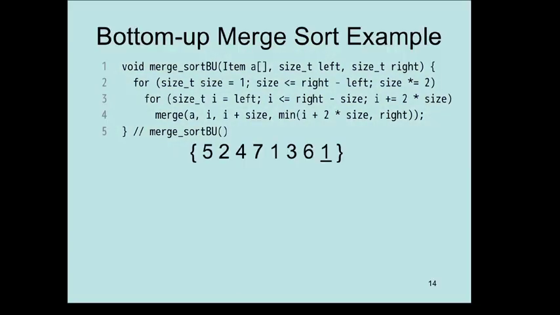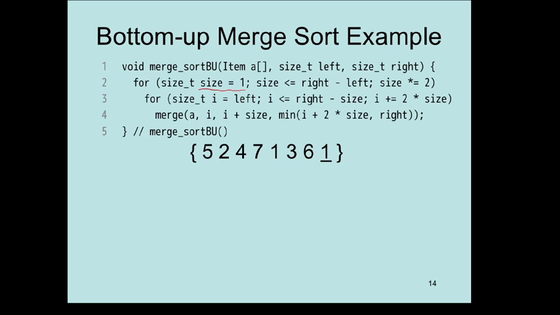Okay, so here's our array, and we're going to look at the code and the example together. So it says at the beginning, we start out with size 1. What that means is basically, I have regions of size 1 that must be combined into bigger regions, which obviously will be size 2.